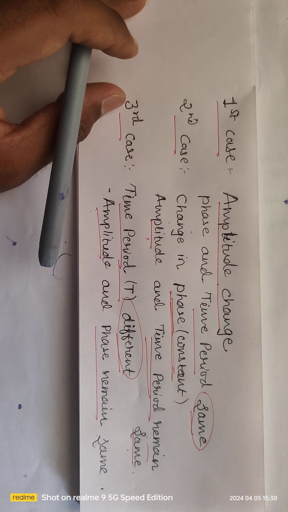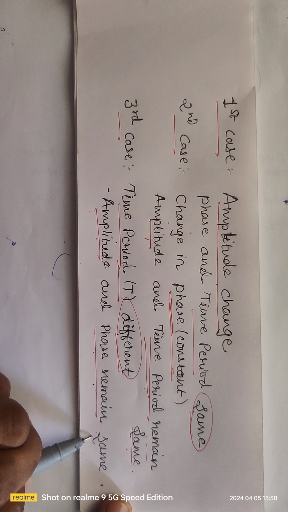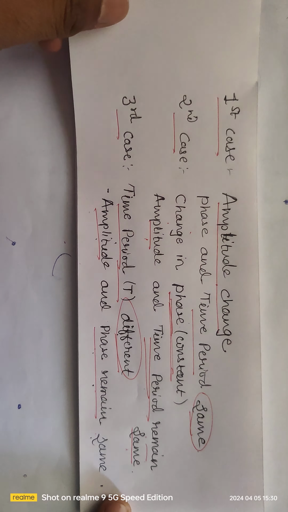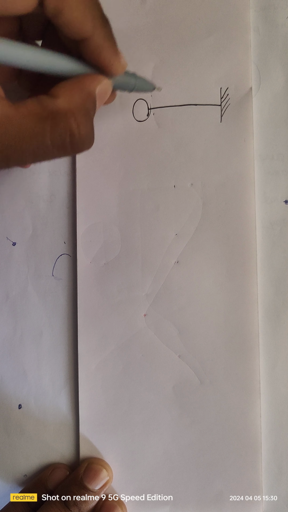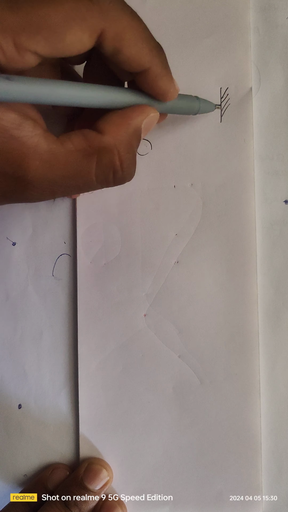Now for the third case, time period T is different, amplitude and phase remain the same. We will see this. We have two different pendulums. In the first pendulum, for one oscillation, it will take T equal to 4 seconds.